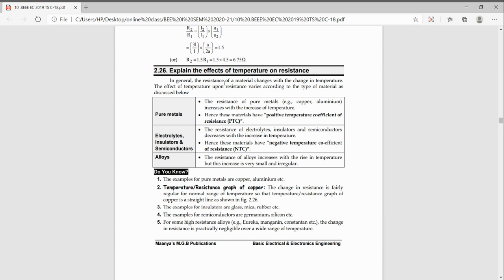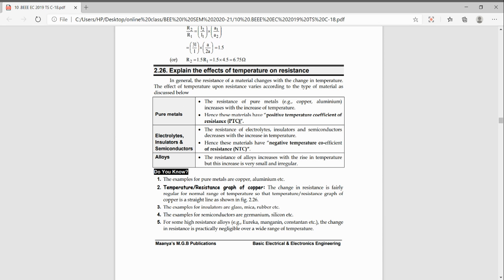So for pure metals, I can say they are conductors. For conductors, the resistance of pure metals, that is copper and aluminum, has a positive temperature coefficient of resistance.